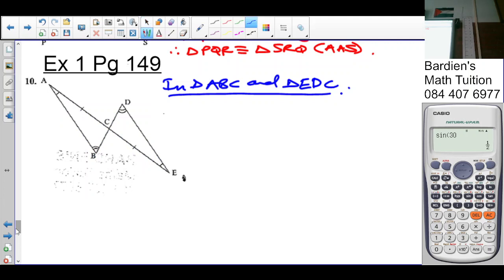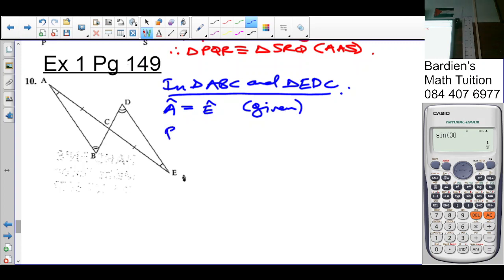Angle A is equal to angle E. Why? Given. What else?